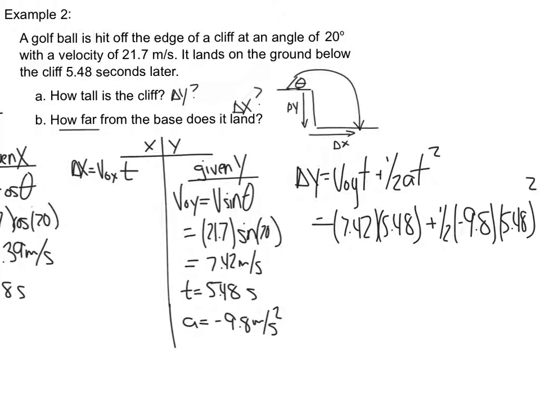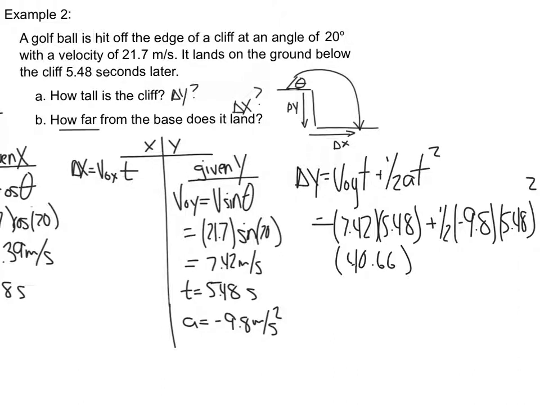So it's really important to have that negative in there, otherwise you will not get the correct answer. So doing a little bit of plugging in here, you get the first part of this equaling about 40.66 if you just do that multiplication step.